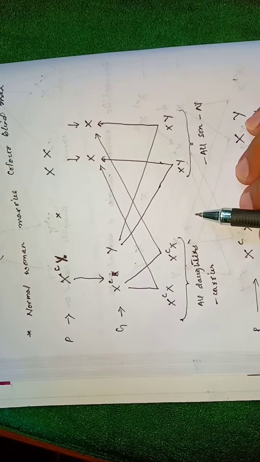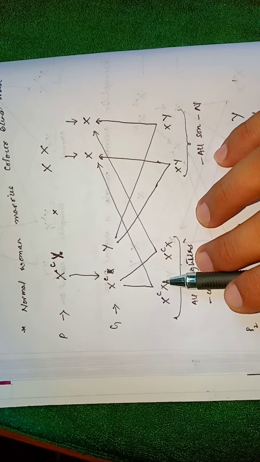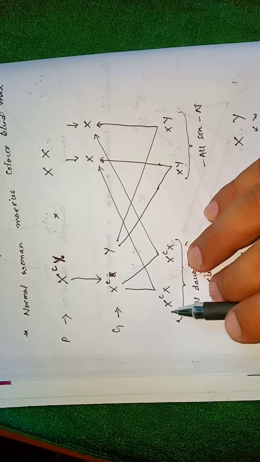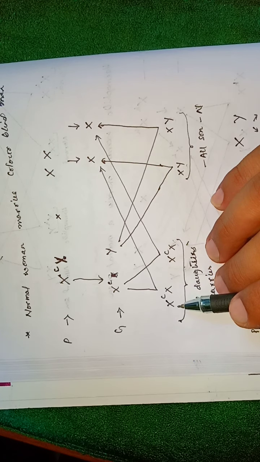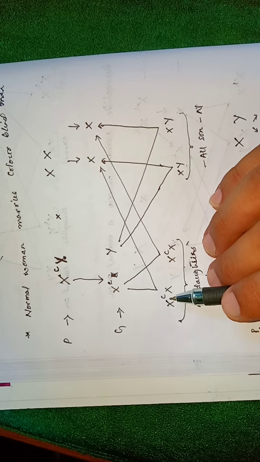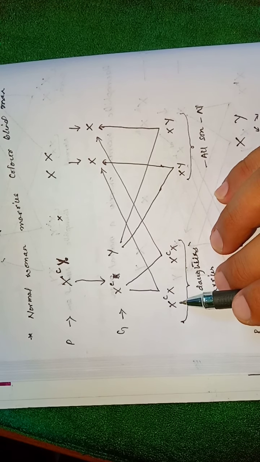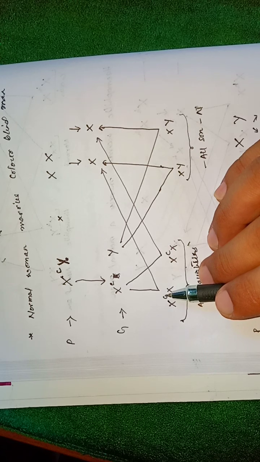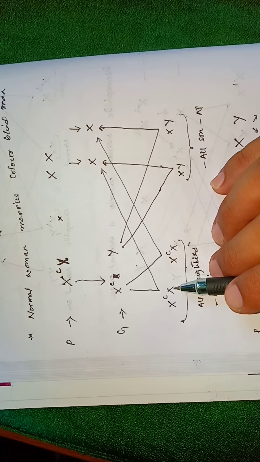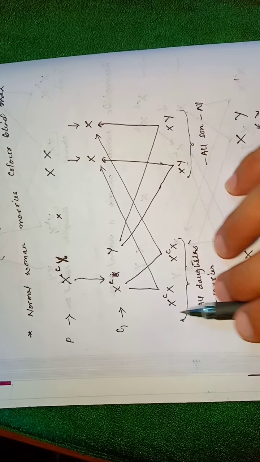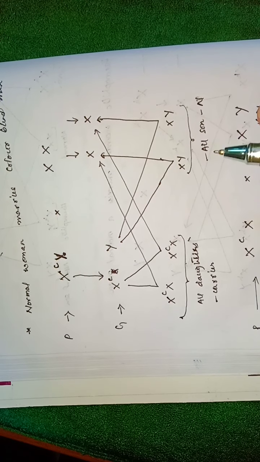So in this case, all the daughters will be carriers of colorblindness, and all the sons will be normal. A daughter or woman will become colorblind only when the gene for colorblindness is present on both X sex chromosomes. Since one X chromosome is carrying the gene for colorblindness but the other X chromosome is normal, both daughters will be carriers, and all the sons will also be normal.